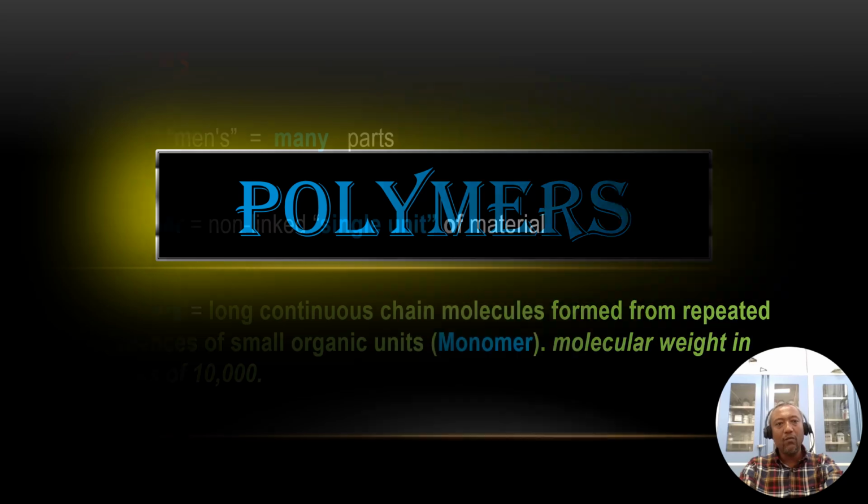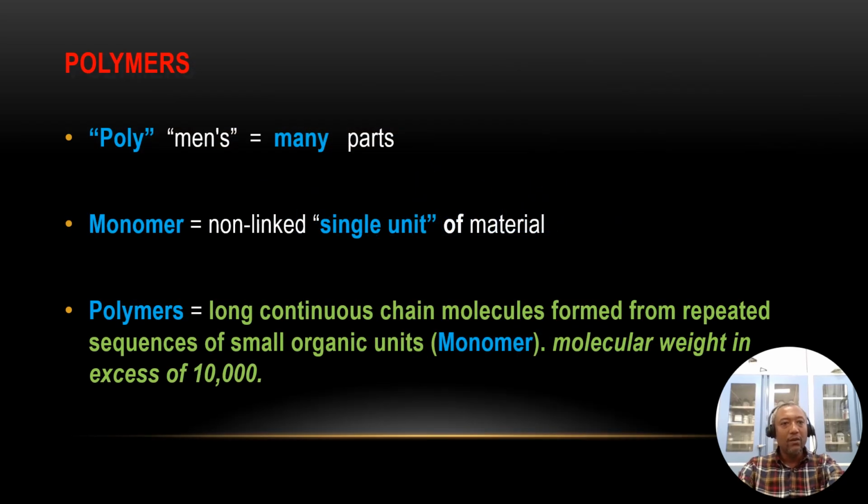The first thing we're going to do here is define the term itself, okay? Here it says polymers. Poly means many. Many parts. What about monomer? Monomer: non-linked single units of material.